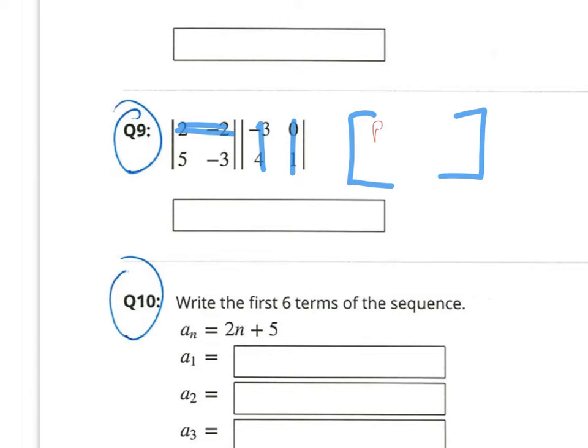Remember, you're going to have row 1, column 1, row 2, column 2, or row 1, column 1 there. Actually, I messed that up too. Hold on. Sorry about that. We went row 1, column 1, row 1, column 2.